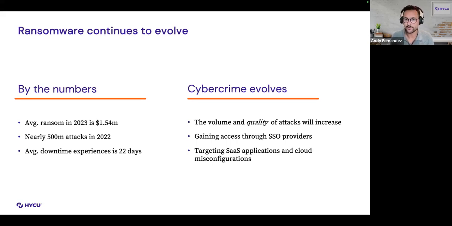You're also going to see a focus on SSO providers and a focus on targeting all of these SaaS applications and cloud misconfigurations. Hackers understand that customers have not been able to secure their SaaS environments either. So this is something that they're focusing on. Even today, SaaS is already the number one target for ransomware attacks as well.